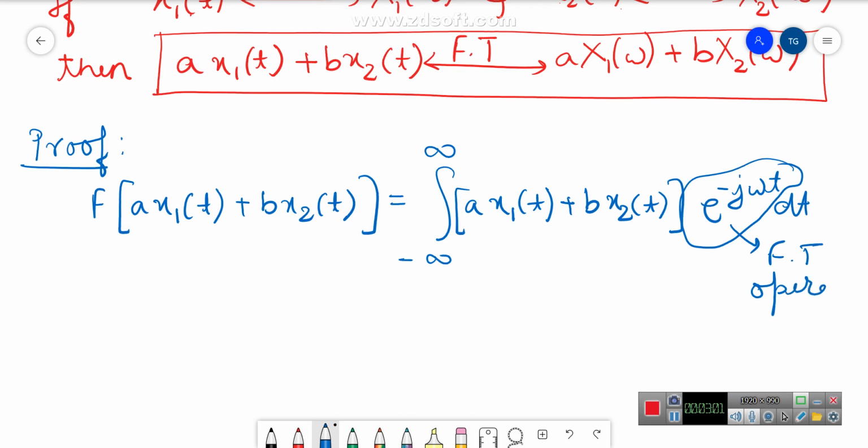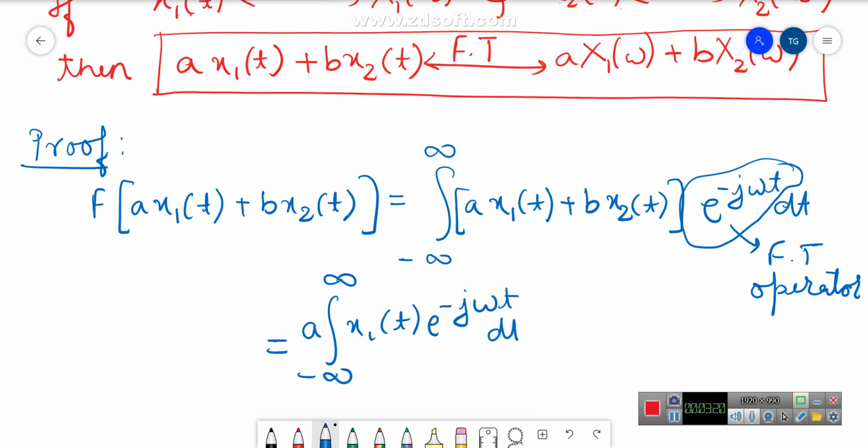Now, in our next step, we will open the bracket. We can write it as: a can be brought out, it is a constant, then the integral of x1 of t into e to the power minus j omega t dt, plus b is another constant, so it can be brought out, then the integral from minus infinity to infinity of x2 of t e to the power minus j omega t dt.